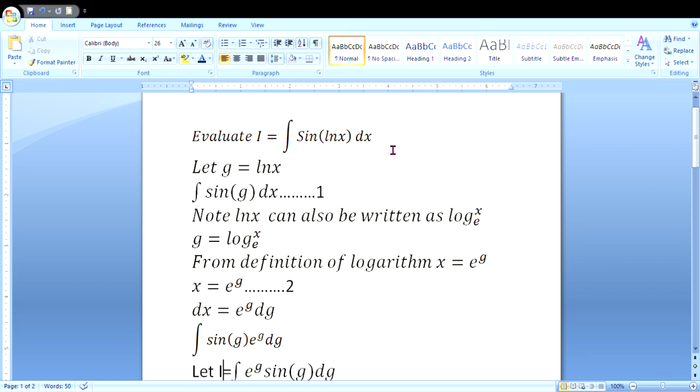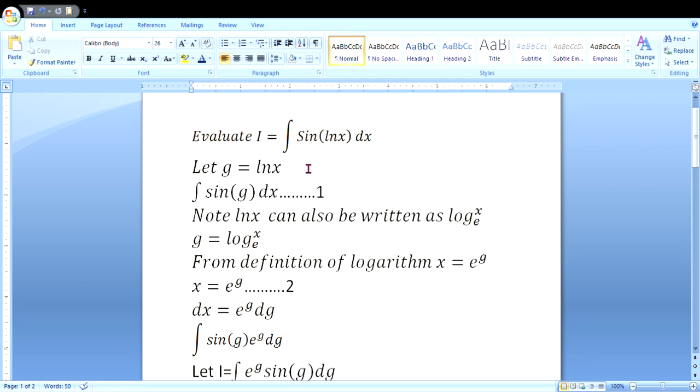You can see that sine x is a function of another function, which is ln x. So it is necessary that we use substitution first to transform ln x, so as to know the appropriate technique to be used.